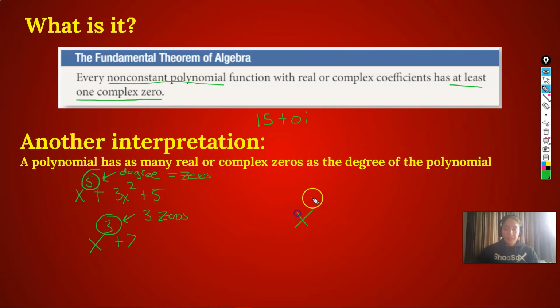But again, if we see something like negative 5x to the 7th plus 3x squared minus 5, how many zeros is this polynomial going to have? Hopefully you got it. 7. Yes, there are going to be 7 zeros of this polynomial. So the degree of the polynomial tells us how many solutions we have. They just may be real or complex.